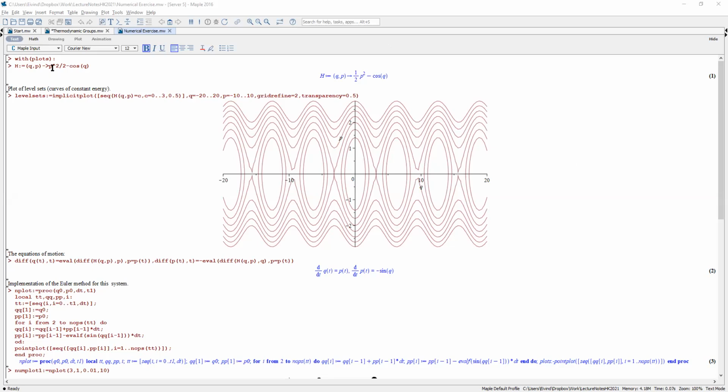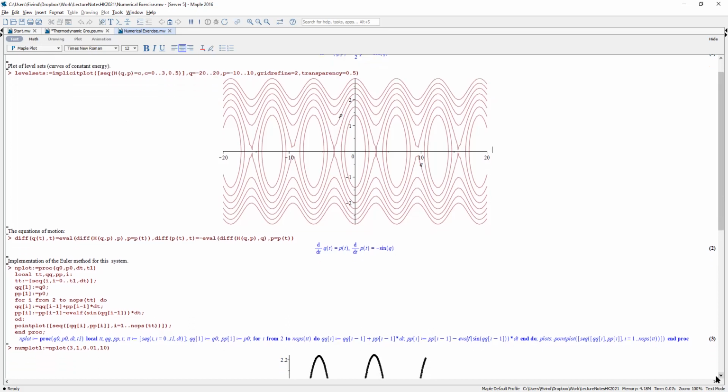Yeah. I actually didn't remember the exercise completely, but I think it was something like this. The Hamiltonian, and we also agreed that any Hamiltonian looking like this would do the job. So I drew some level sets here just to see what they look like, and I think you showed us something similar in the lecture.